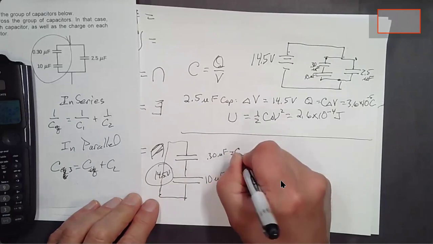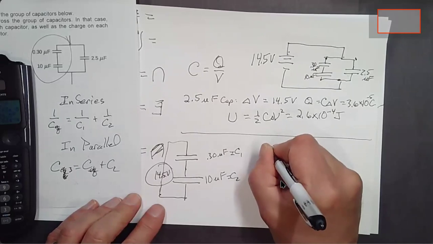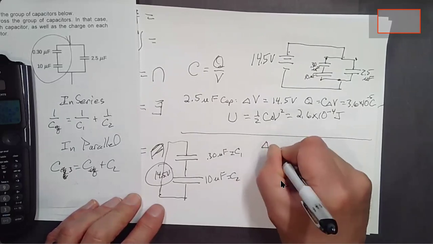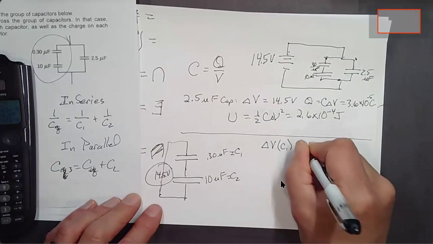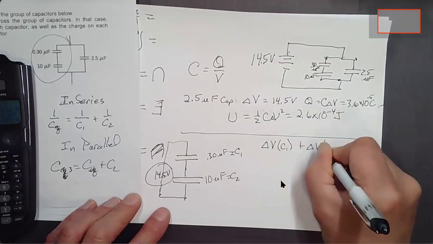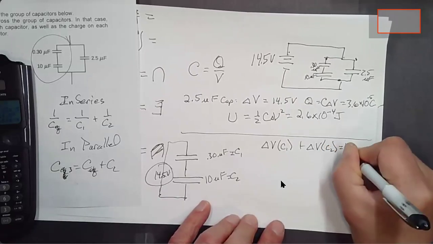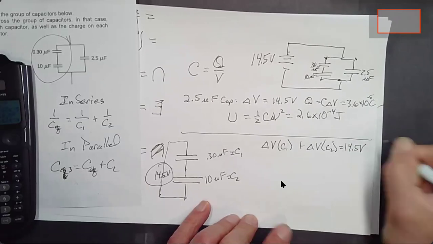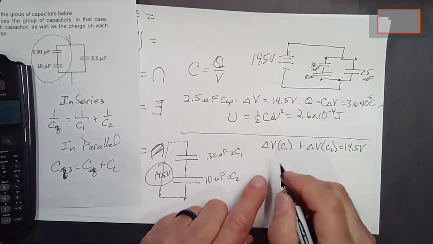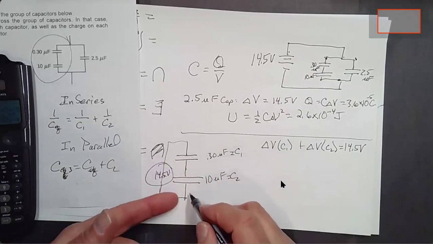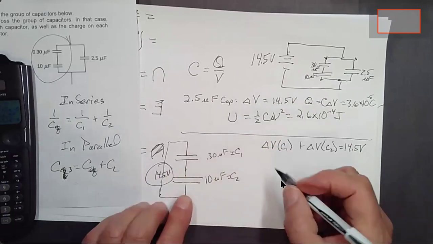If I call this C1 and this one C2, I know that delta V for the first capacitor plus delta V for the second capacitor will equal 14.5 volts. I also know they're both going to have the same charge on them, because capacitors in series get the same charge.